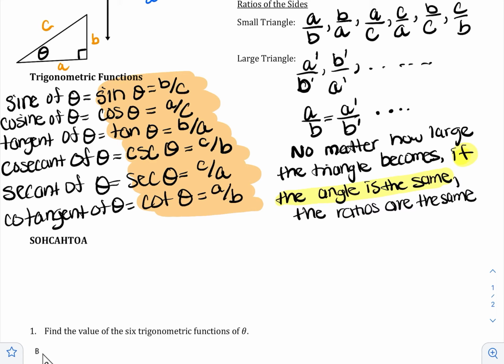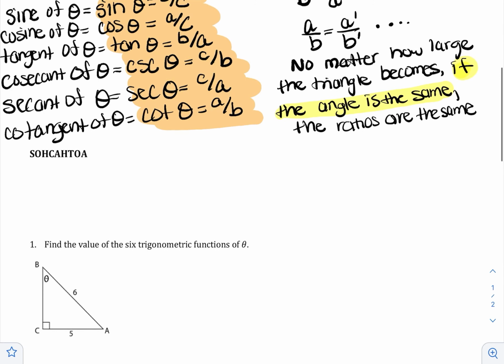Everything is dependent on the triangle you're creating with the angle you have. So think about it like this: if you write sine is B over C, it's like writing a square root symbol with nothing underneath. It just doesn't make any sense. You have to have an angle. Just really try to remember that the angle is the star of the show.